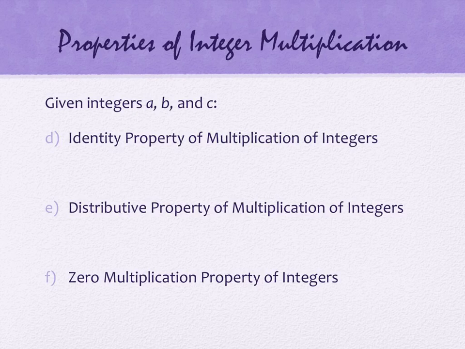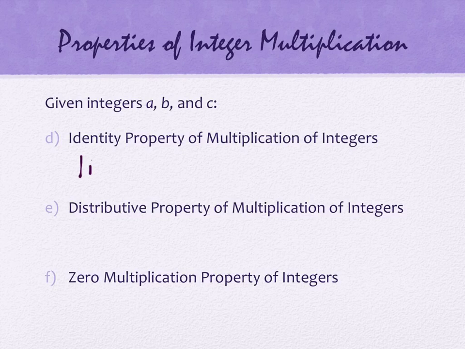Okay, we have 3 more. Identity. What is the identity element for multiplication for whole numbers? 1. So what do you suppose the identity element for integers is? 1, yeah. You have very little new information going on when we move into integers with most of these facts.